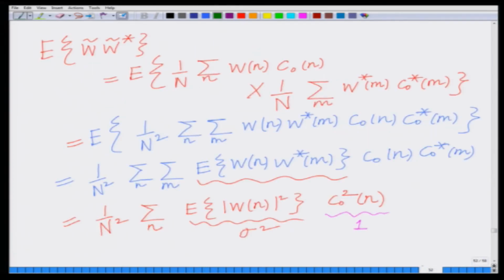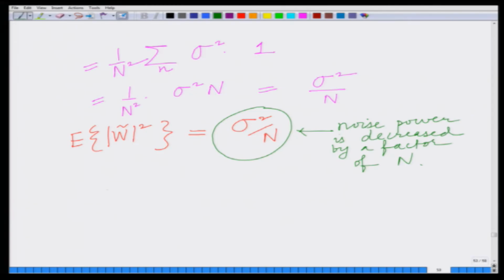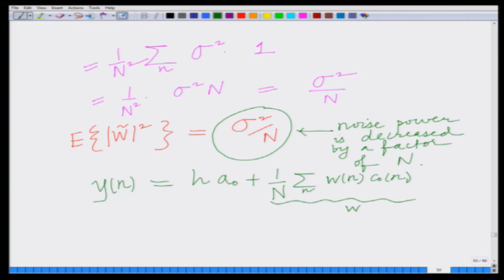Okay. So, now we have our net system model. Remember, our system model is y is equal to h times a0 plus 1 over N summation over n W[n] C0[n], and this quantity we called W tilde.